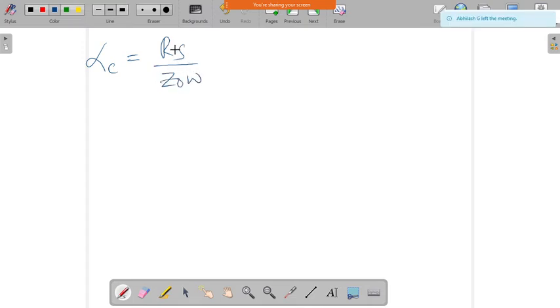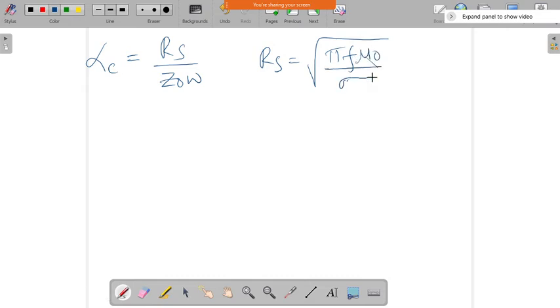Rs is the surface resistivity, which we can find using the expression square root of pi f mu naught divided by sigma, where sigma is the conductivity of the conductor. In a microstrip line, we use the unit Napier per meter to express the conductor loss.